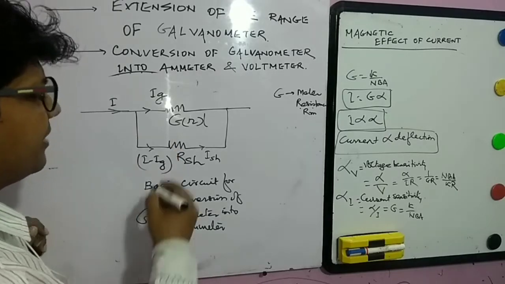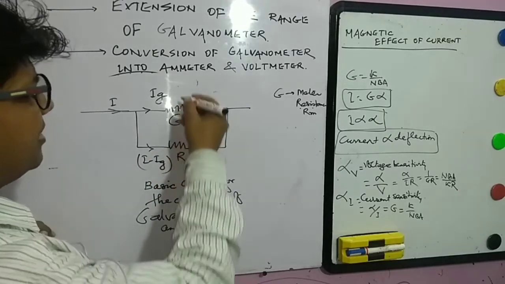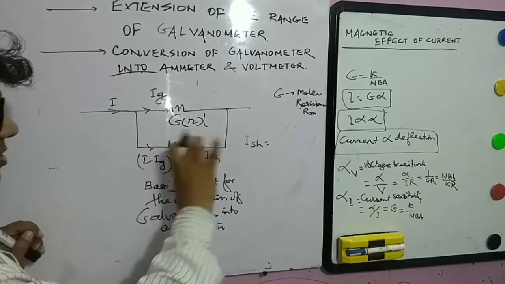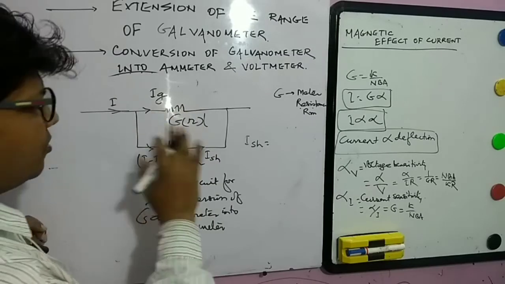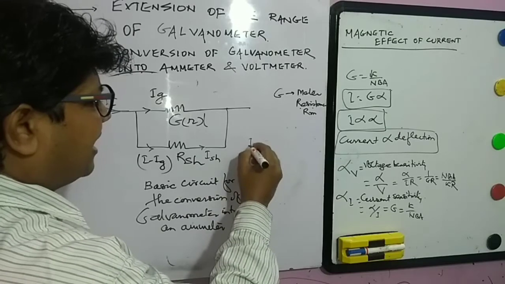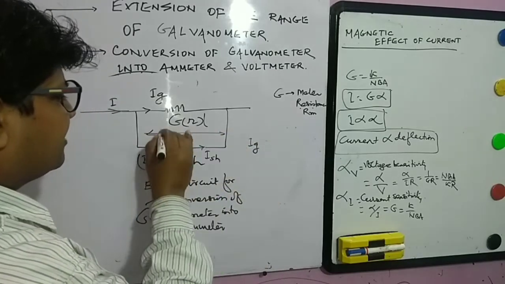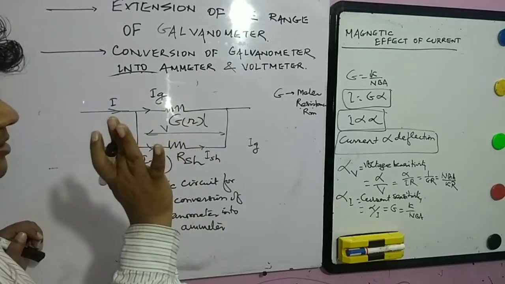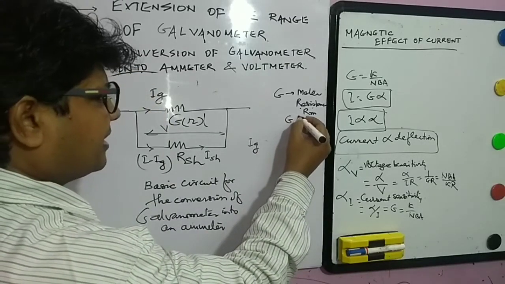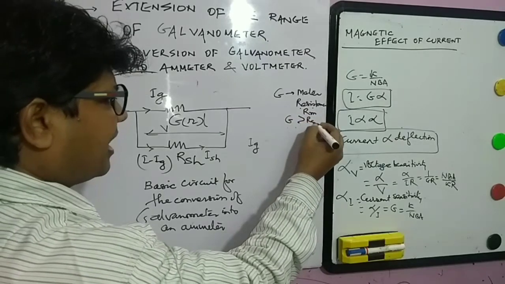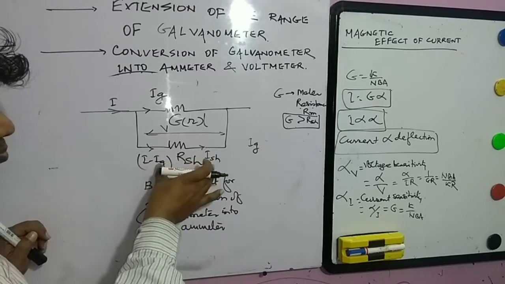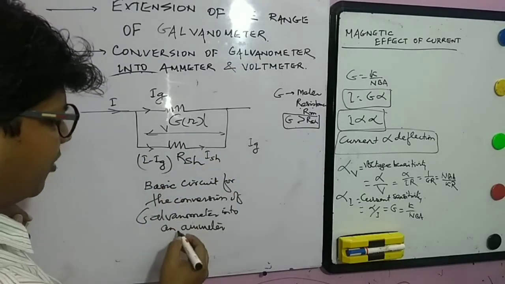How can we calculate this? This is a parallel circuit, so by the current distribution rule, the voltage at both places will be the same. Keep in mind that G will be greater than RSH, because RSH is a small resistance.